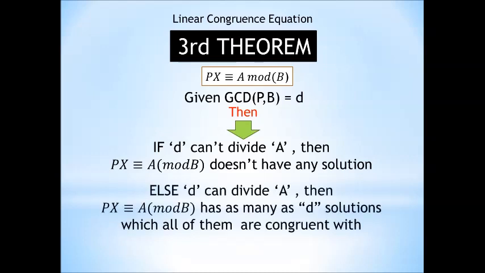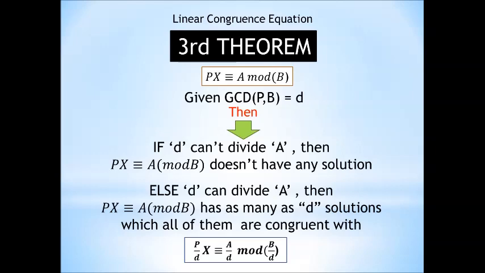And again, if D can divide A, then the equation Px congruent A mod B has as many as D solutions, all of which are congruent with this: P over D x congruent A over D mod B over D.